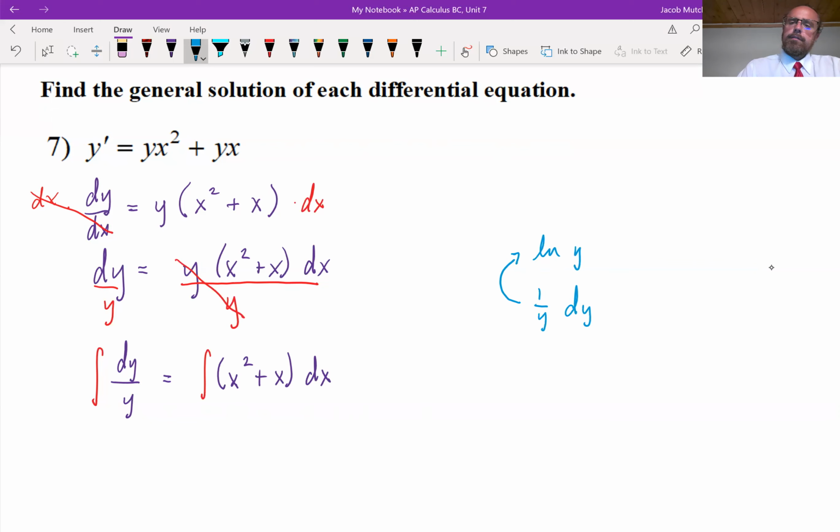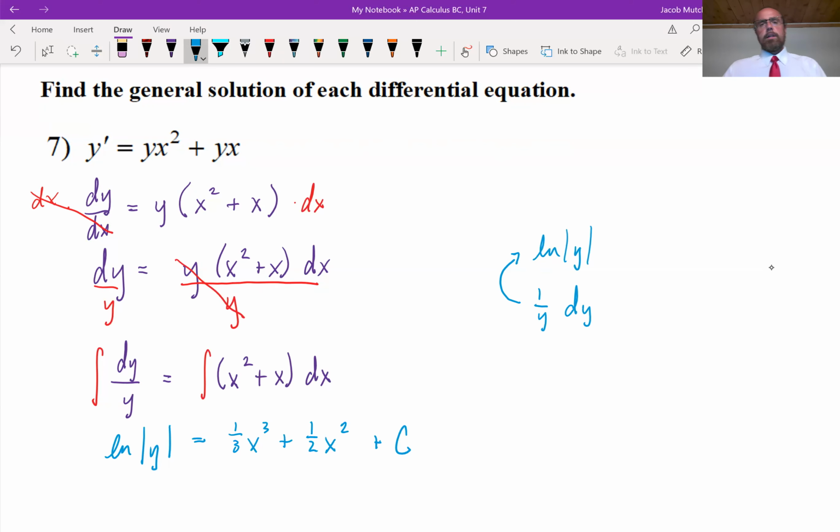In fact, that's going to be natural log of the absolute value of y. So that's our left side. On the right side, the integration again follows our basic power rule. So integrating x squared, that's going to be 1/3 x cubed. And integrating x is going to give us 1/2 x squared. And again, plus c.